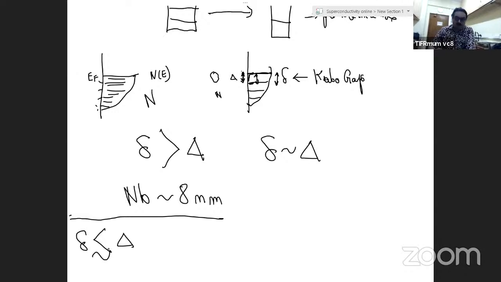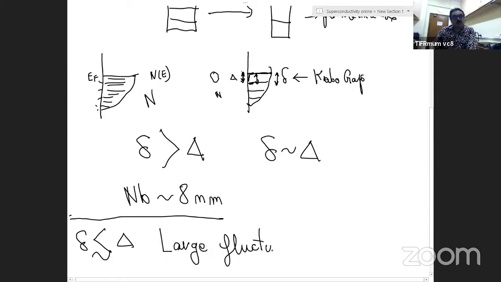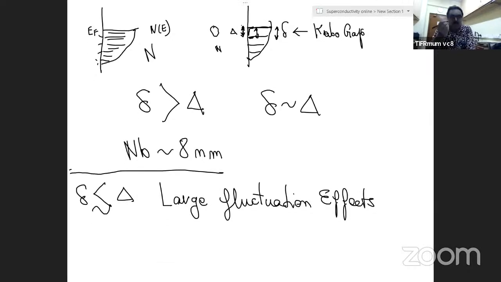Now what we will have is large fluctuation effects. So this is one example of fluctuation.